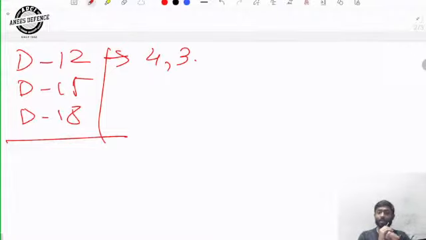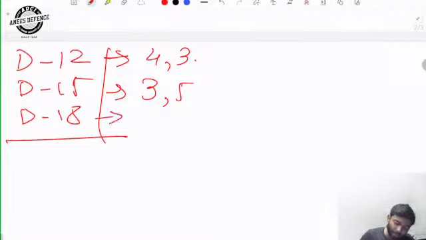That means you should remember the divisibility tests of 4 and 3 to find out whether a number is divisible by 12 or not. Again in 15, any number that is divisible by 3 and 5 is said to be divisible by 15. And 18, any number that is divisible by 9 and 2 is said to be divisible by 18.